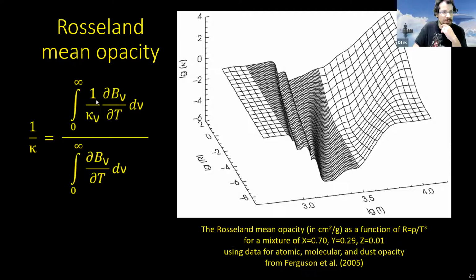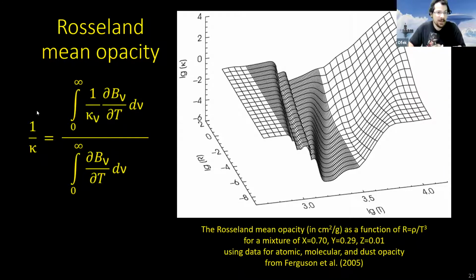Because this integral is over infinite frequencies, to normalize it to 1, you just divide by the full integral without the opacities. That also works out the units. The units are just 1 over opacity on the left and 1 over opacity on the right, because all the integral and the B functions cancel out.